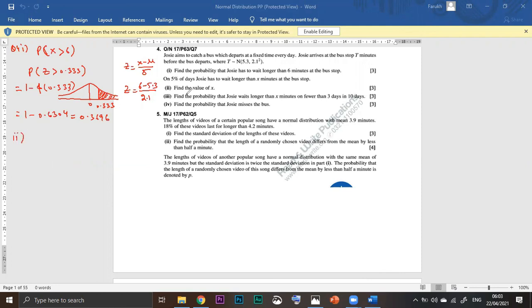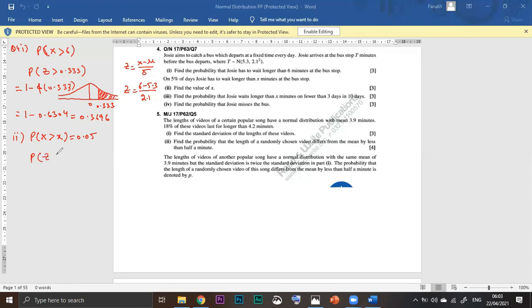In part number 2, on 5% of the days, he has to wait longer than x minutes. Probability of X greater than x is equal to 0.05. First of all, we have the probability. We will use the table in the reverse order. First of all, we will convert this one into z.